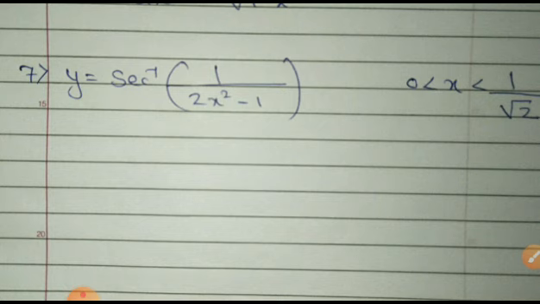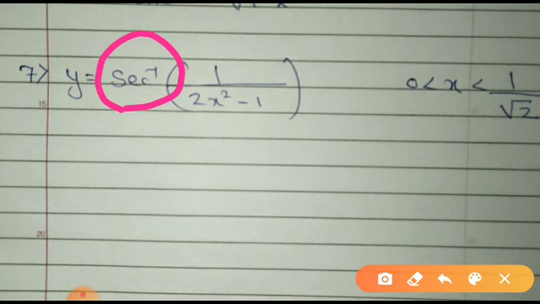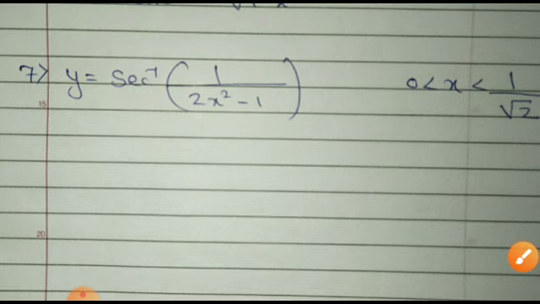Now the last question: y equals sec inverse of 1 by 2x square minus 1. Here again it is sec inverse, so I should get sec inverse of sec. But for sec we have the identity only 1 plus tan square is sec square, and here something is 2. 1 by 2x square minus 1. But what is the reciprocal of sec?